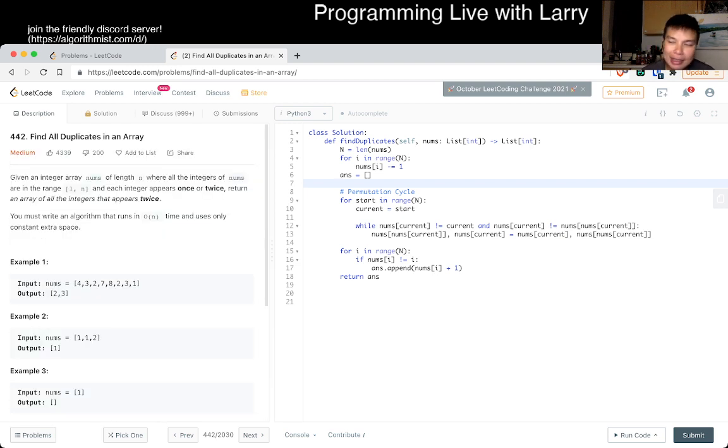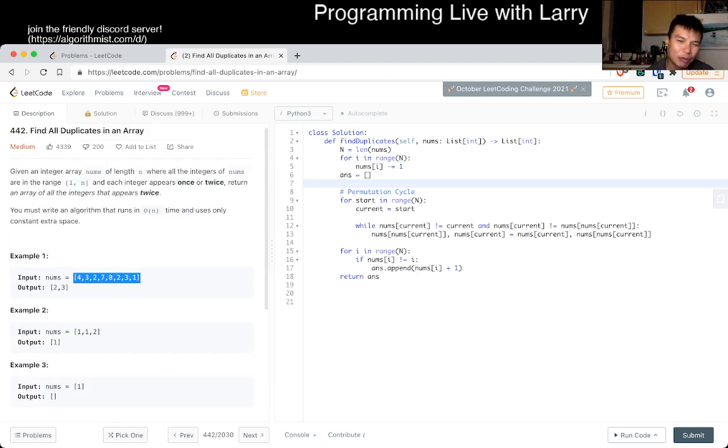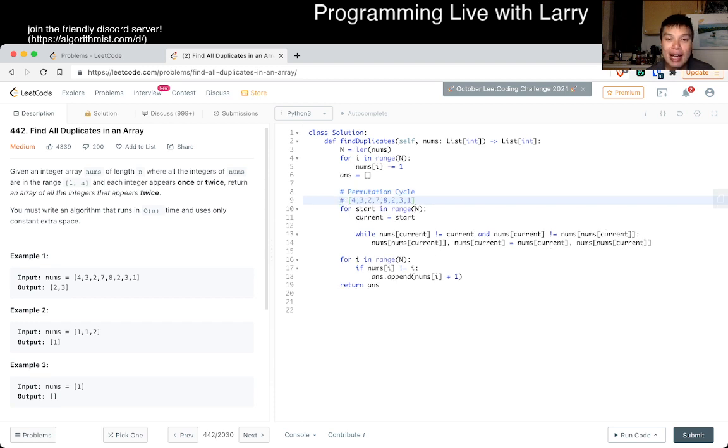So the reason why this is n is you can think about each number that's in this array, right? In a way, we're kind of like sorting it. It's not really a sort per se, but you can look at every element in this array and ask yourself, what's the most number of swaps that you can get, right? Well, every swap means that one number is put into the right place, right?